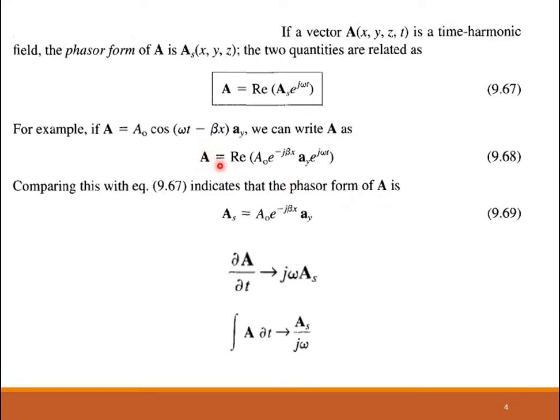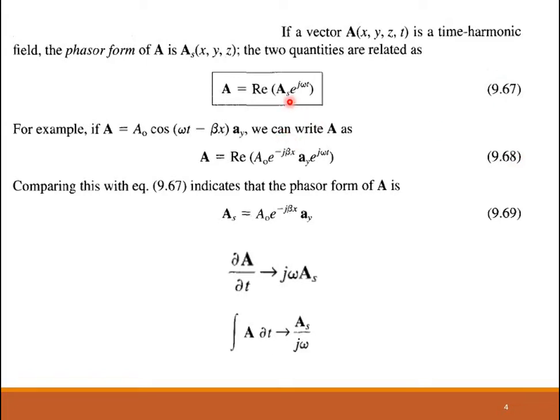This A can be written as the real part of, so how do I write this? We have already discussed that the cos term corresponds to the real part of A0 e raised to minus j beta x. Ay is written again, and then the time factor is also there. So if I compare equations 9.67 and 9.68, what does that imply?